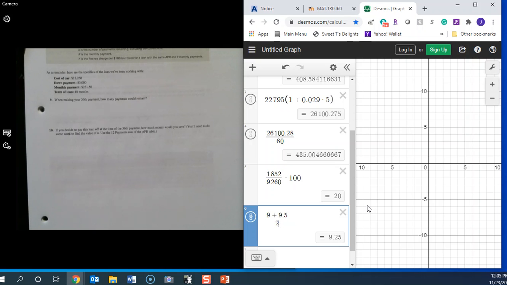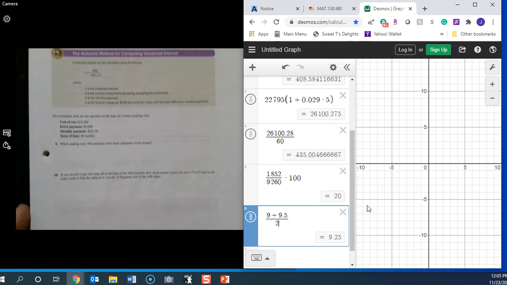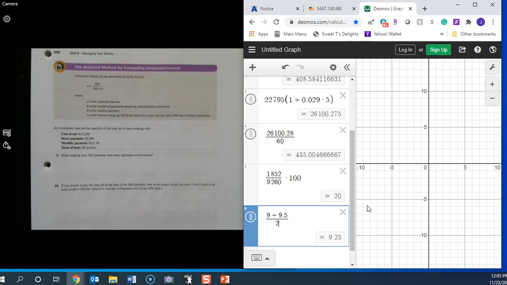Okay, now, the actuarial method, as you see here, we have some new variables and new values that we have to learn. First thing, U is the unearned interest. K is the number of payments remaining excluding the current one. R is the monthly payment.